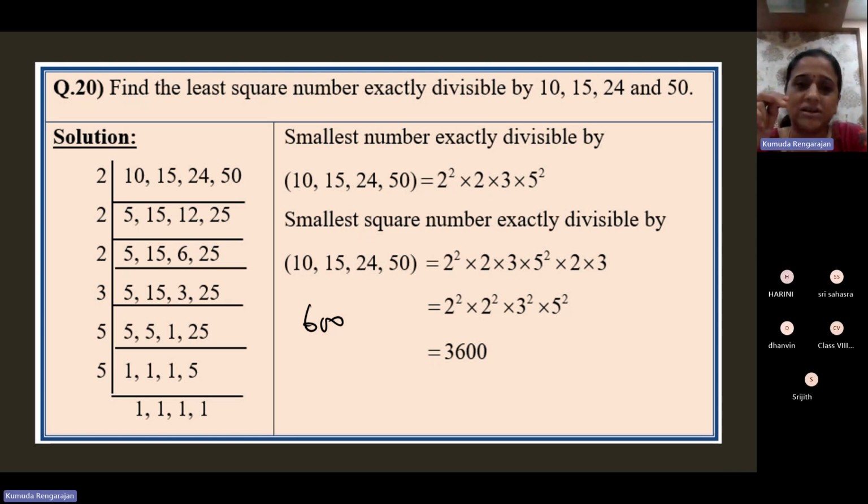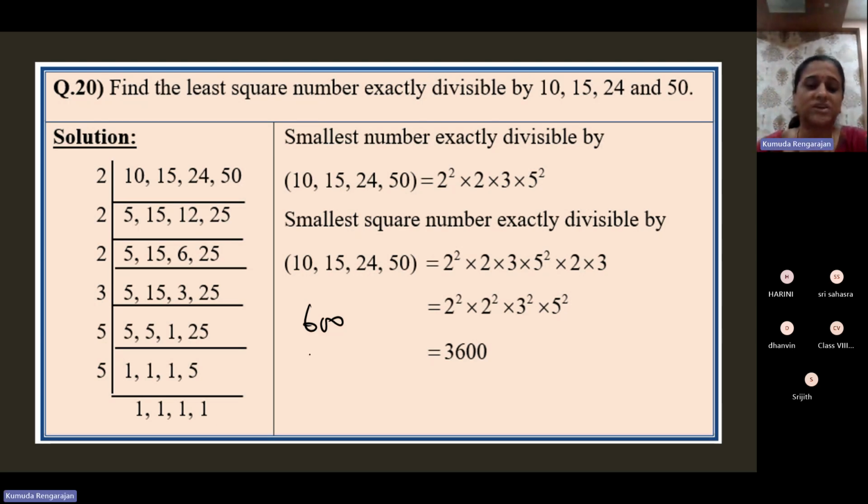The LCM, 600, is the smallest number exactly divisible by 10, 15, 24, and 50. 3600 is the smallest square number exactly divisible by 10, 15, 24, and 50.